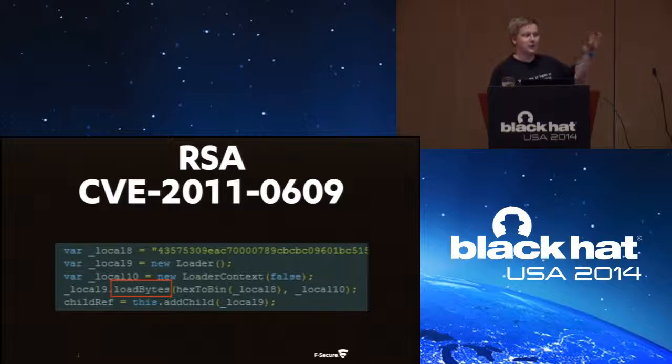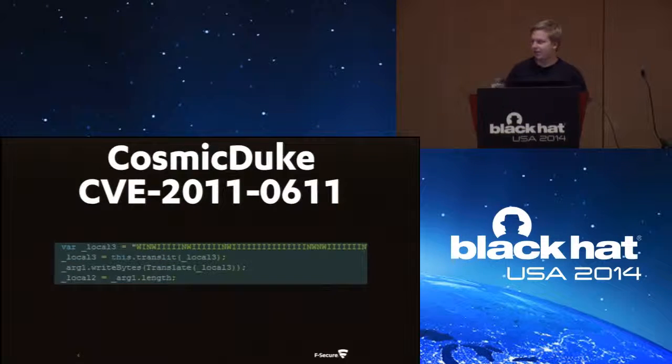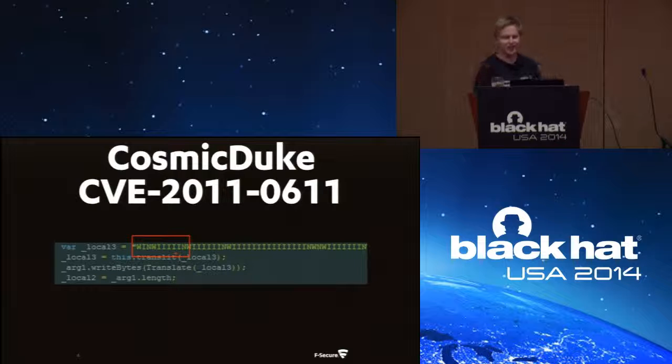So if you consider this an APT, at least from the Flash obfuscation perspective, there isn't really anything advanced. Another similar example, this is from Cosmic Duke, the attacks connected to the Mini Duke group. I have to say that I find this funny. These guys really use some imagination.